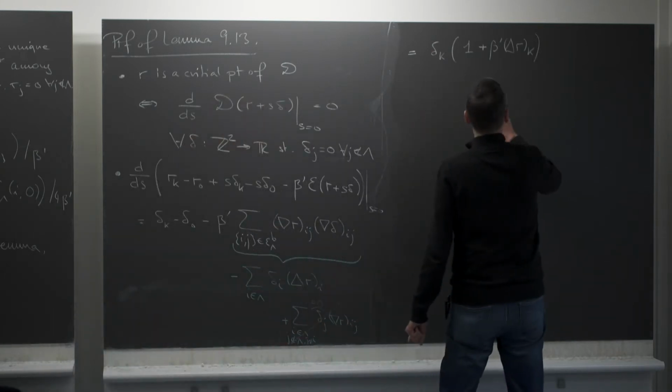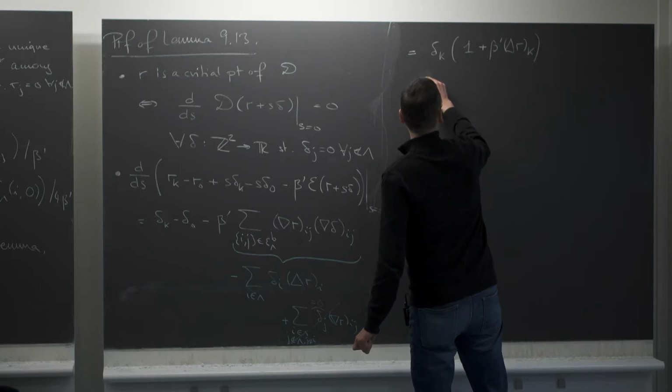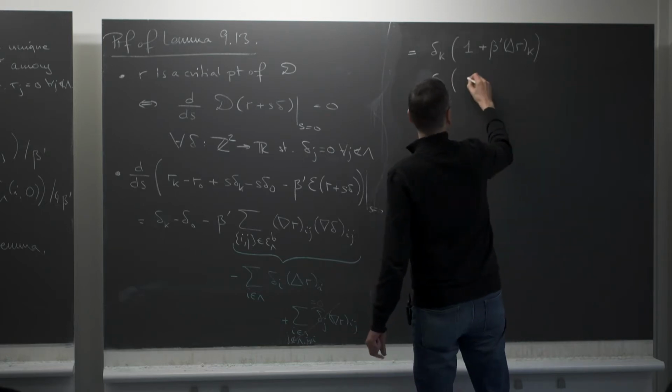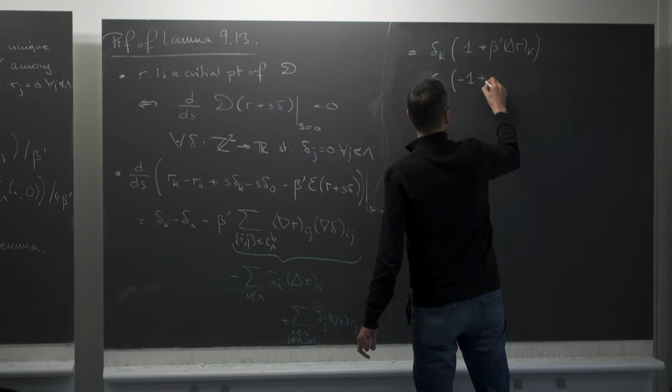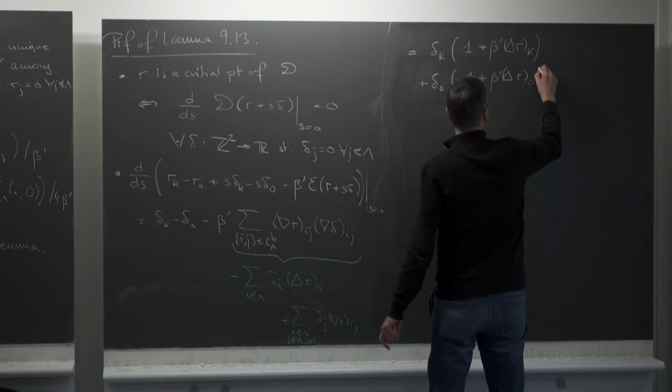Then I get a similar thing for delta 0. So it will be with a minus. Or let me put it with a plus. With delta 0, then I get, say, minus 1 plus beta prime delta R 0.